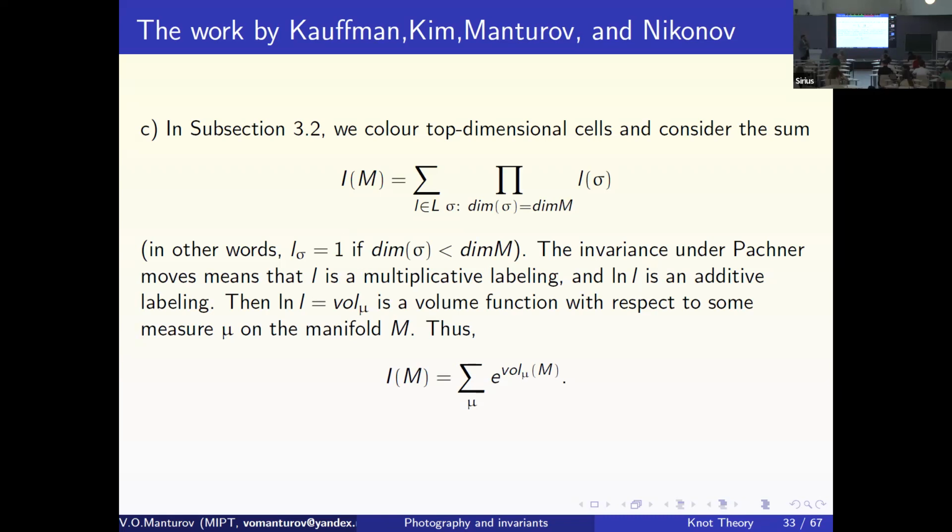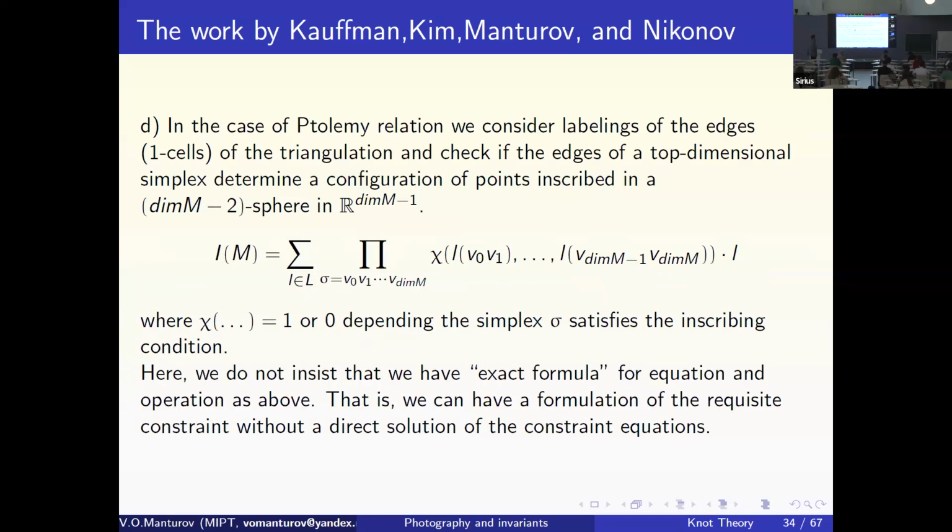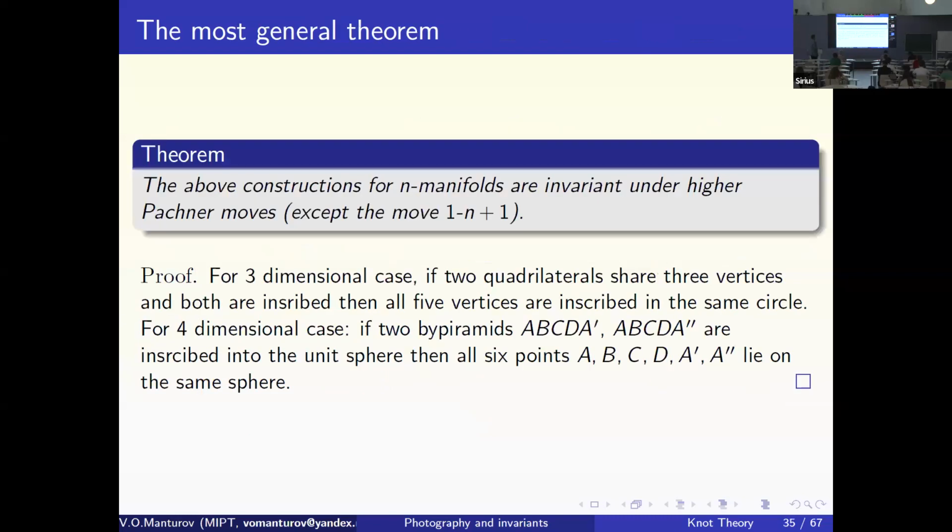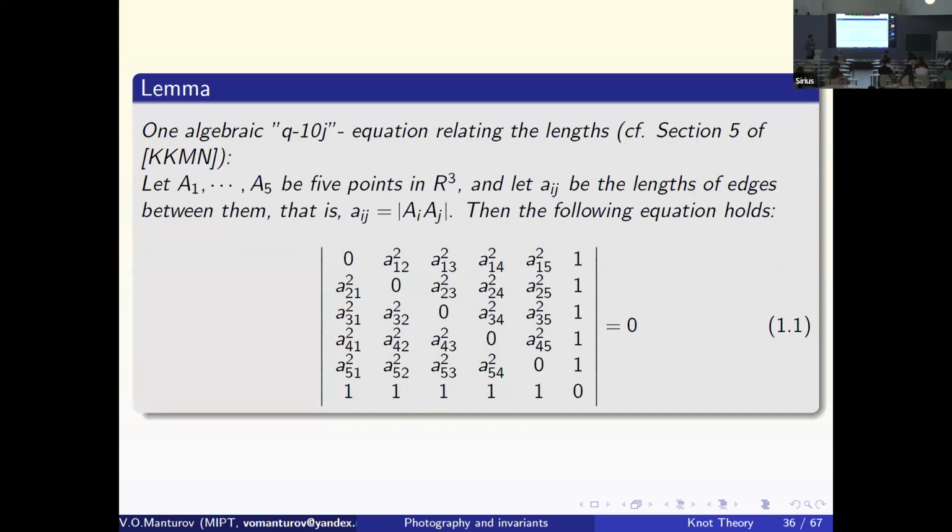And this was actually some crucial observation. You see, this is the formulation for my paper with Kauffman, Kim, and Nikonov. And actually now I want to say some words about further directions for Kauffman, Kim, and Nikonov.